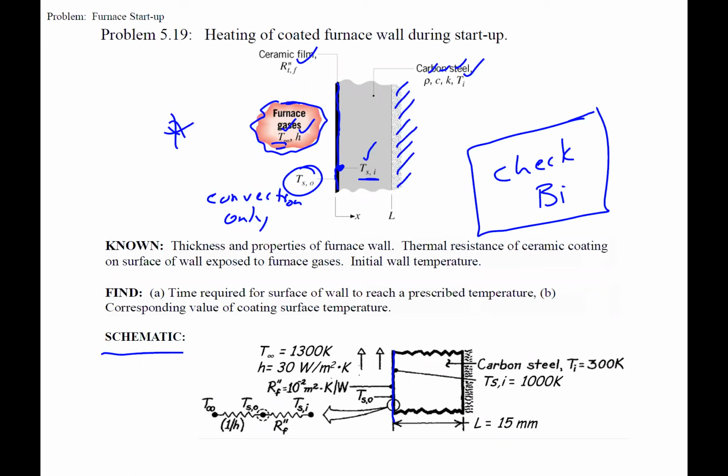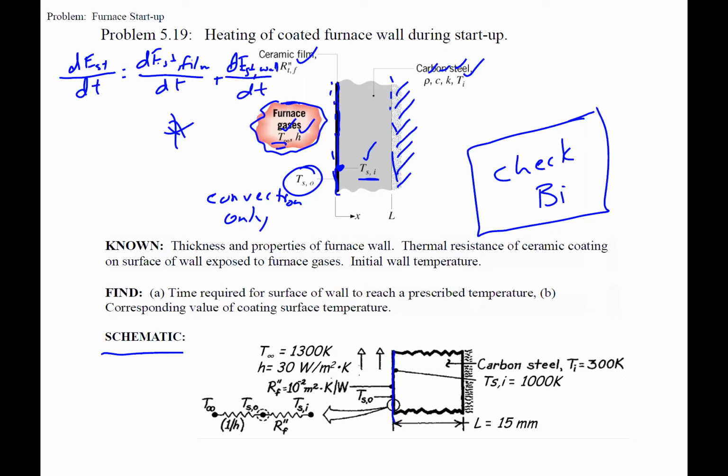If we think of energy stored dE/dt, and we put our boundary around the wall and the film, that's going to have the energy stored in the film plus the energy stored in the wall.